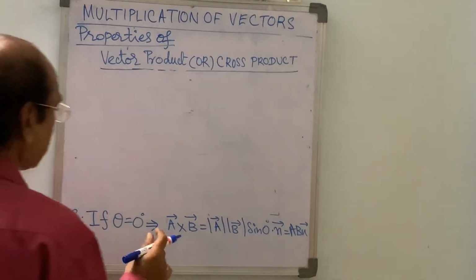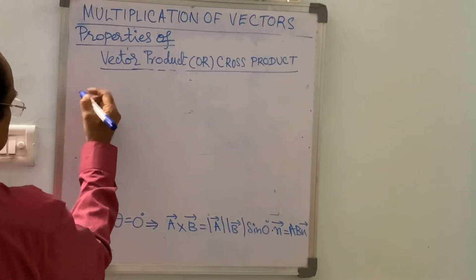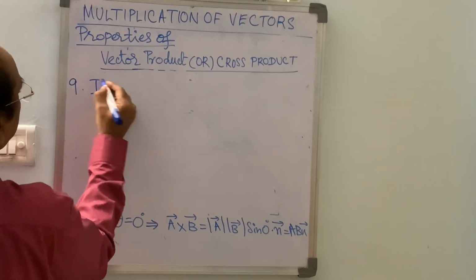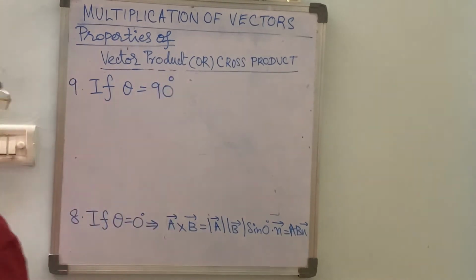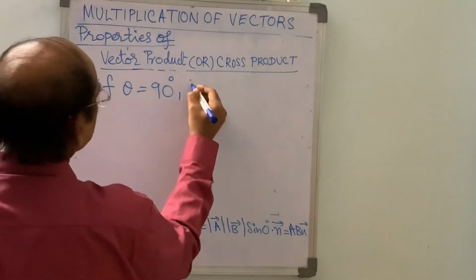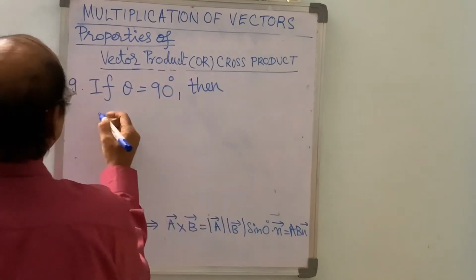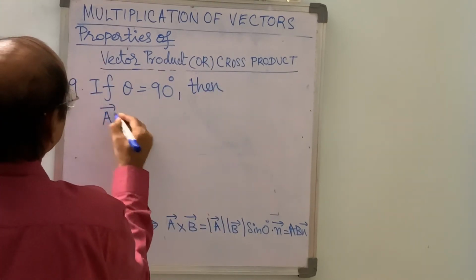When two vectors are perpendicular to each other, if theta is equal to 90 degrees, then we find what is the value of A bar cross B bar.